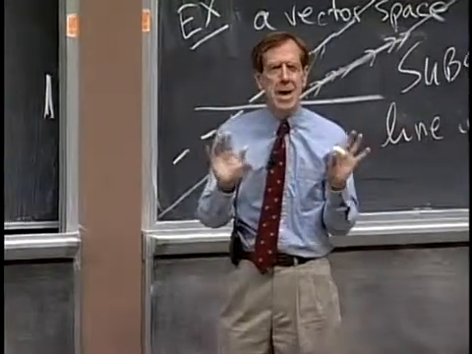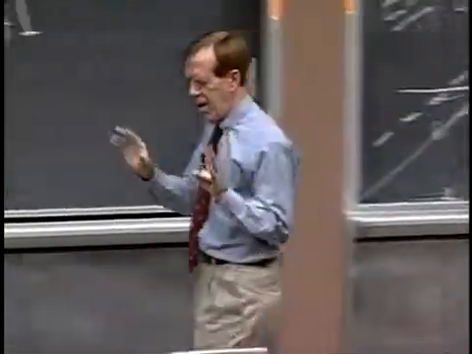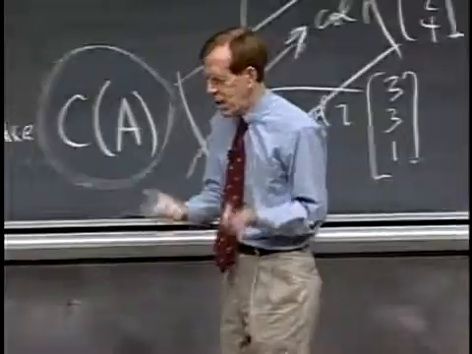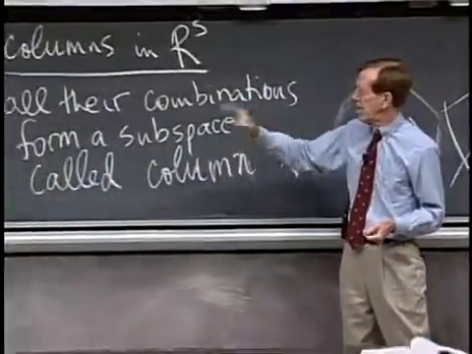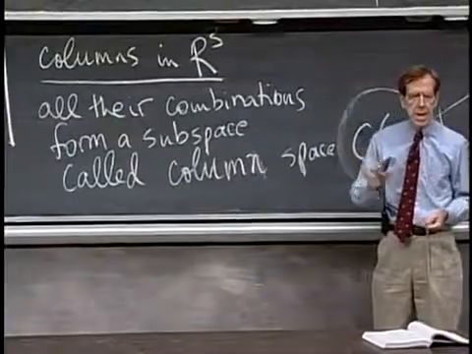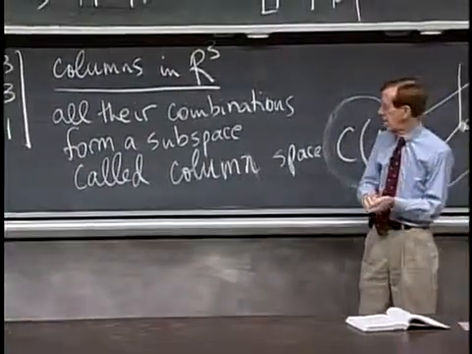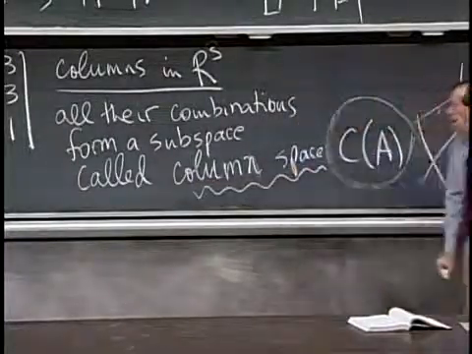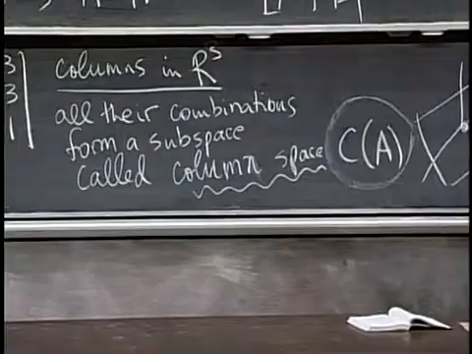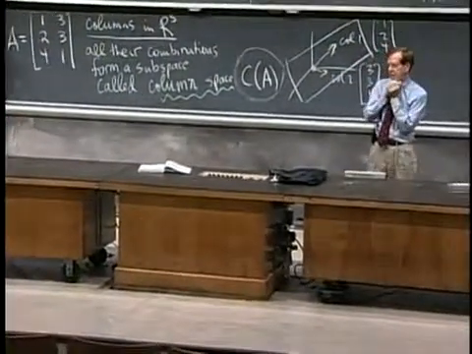I'm going to stop at that point. That's the central idea of the great example of how to create a subspace from a matrix. Take its columns, take all their linear combinations, and you get the column space. And that's the central idea, we're looking at linear algebra at a higher level.